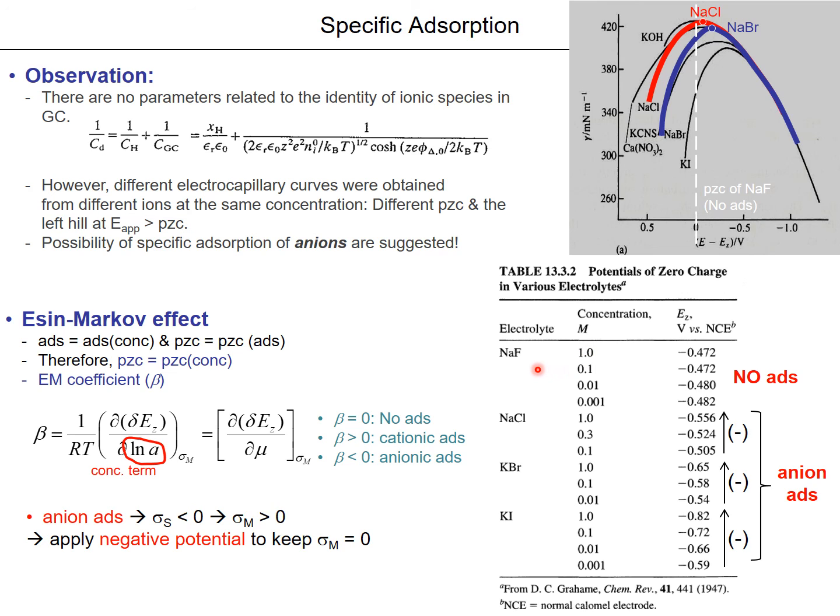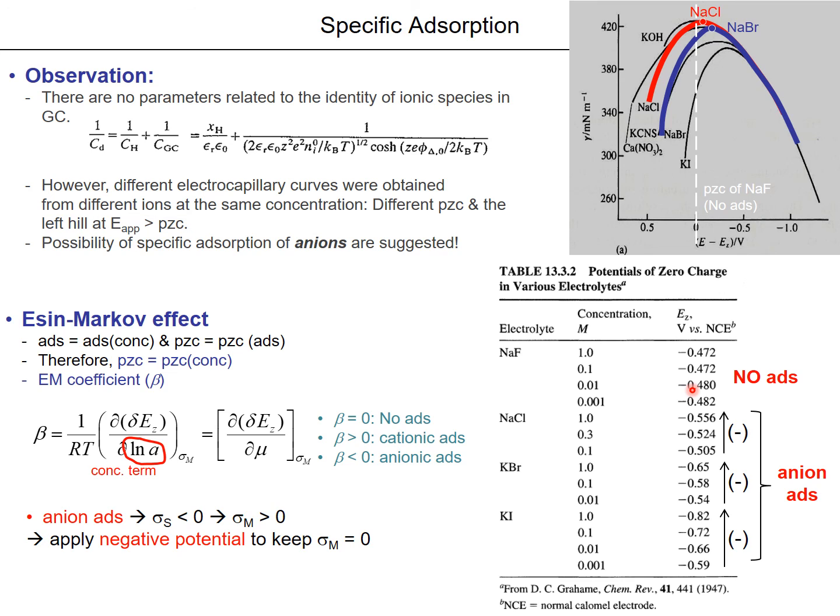However, in the case of sodium fluoride, there is no significant change of the point of zero charge: minus 0.472, 472, 480, 482. It means no adsorption. Actually, sodium fluoride is a well-known species having no adsorption on the surface of the electrode.